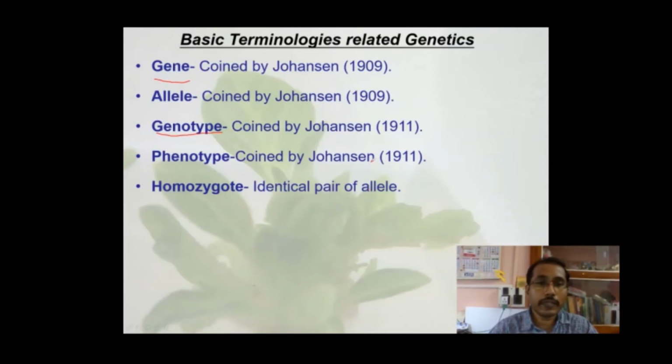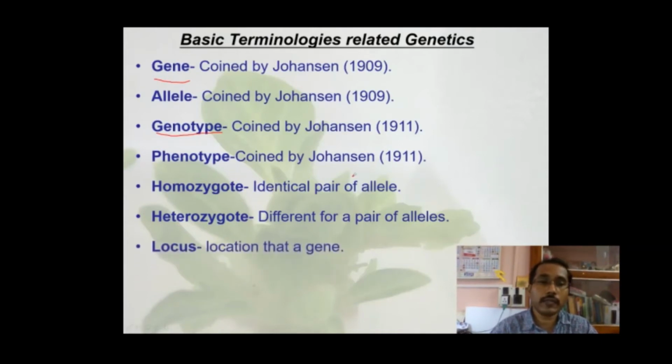We can say homozygote in the sense when two alleles are of the same type. Within a single gene pair, if the alleles are of similar identical features, then it will be homozygote. If it is different, then we can call it heterozygote.